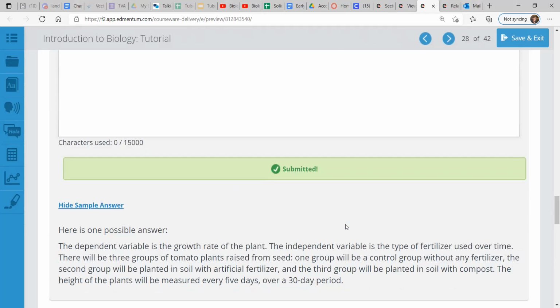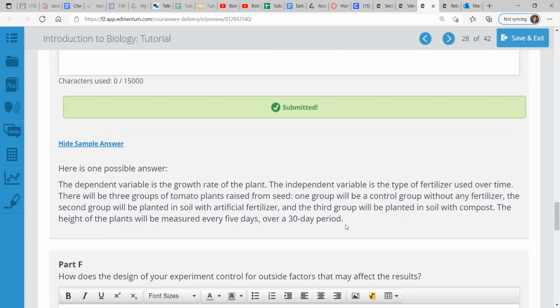All right, so the dependent variable, the one depending on what you do with the other variable, is the growth rate of the plant. The independent variable is the stuff you are actually changing in the experiment. That is the type of fertilizer used over time. There will be 3 groups of tomato plants.